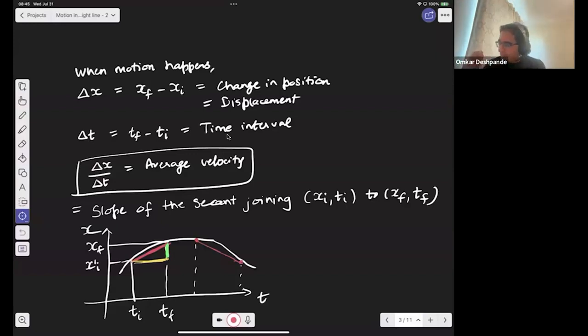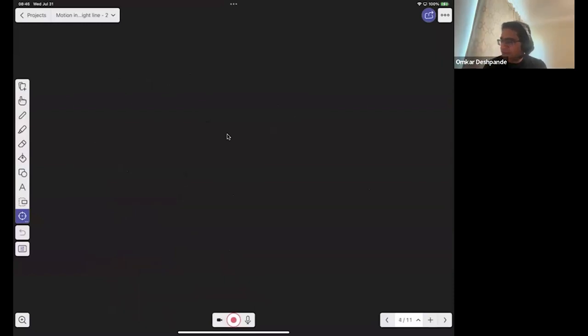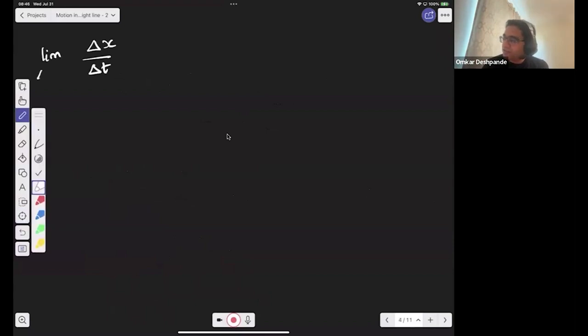But if we pick the time interval to be really small, that is, if we take this ratio delta x to delta t over a time interval that is infinitesimally small, approaching zero, it's not exactly zero, but approaching zero, then we denote the deltas as small d's, and we call this the instantaneous velocity at time t.